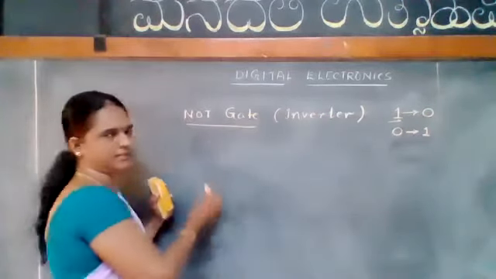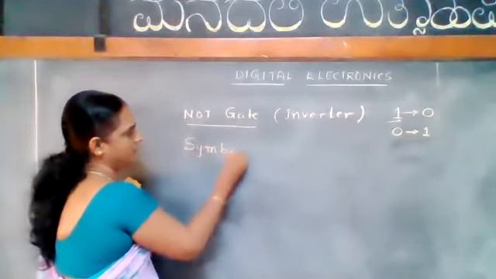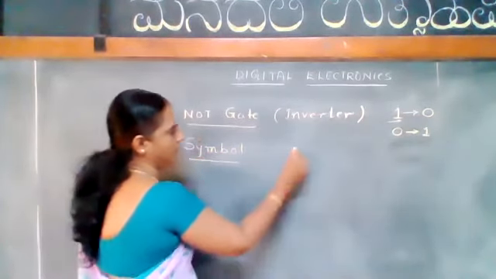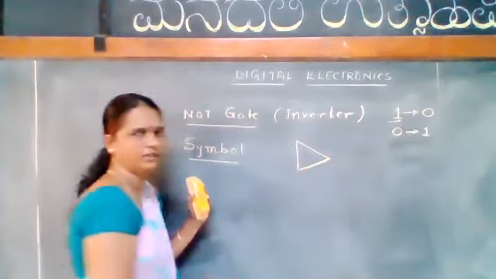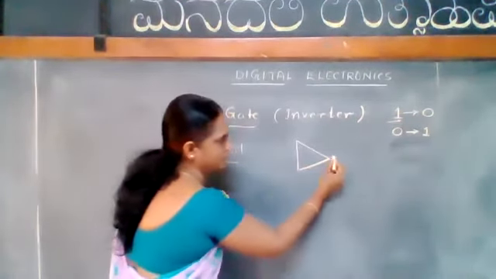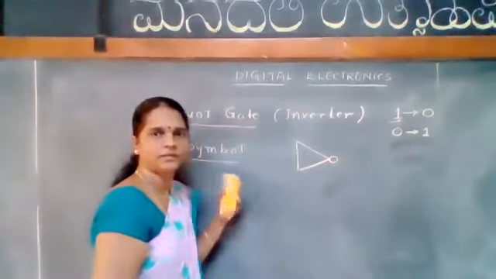How to represent this NOT gate? The symbol of NOT gate is represented using a triangle like this, with one bubble. This is called a bubble or inversion.